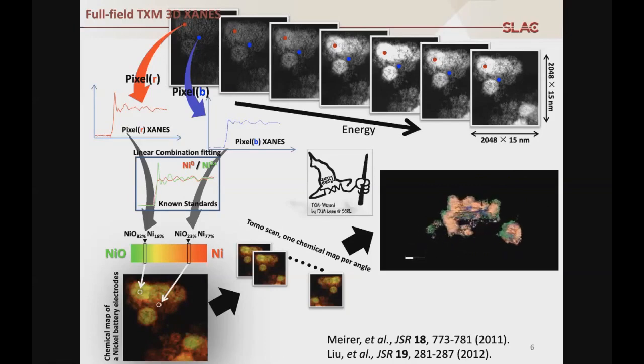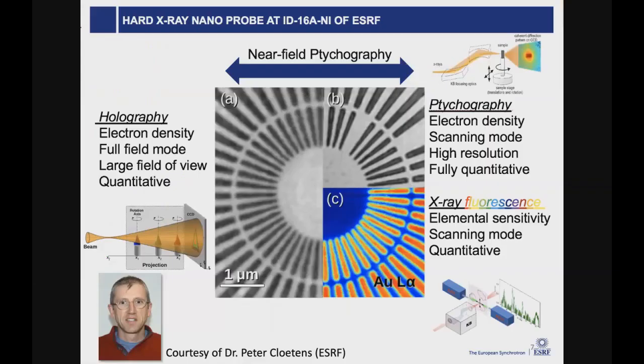I talked a lot about this full field imaging technique. I will also mention a little bit about the scanning technique. In this case, I'm showing this instrument available at the European Synchrotron, ESRF. In this particular setup, what we do is focus the X-ray to a small spot.